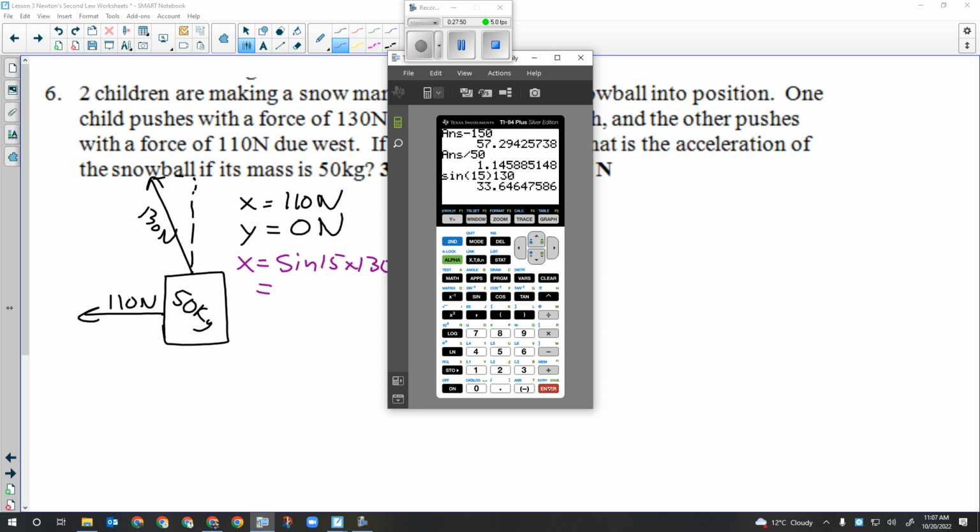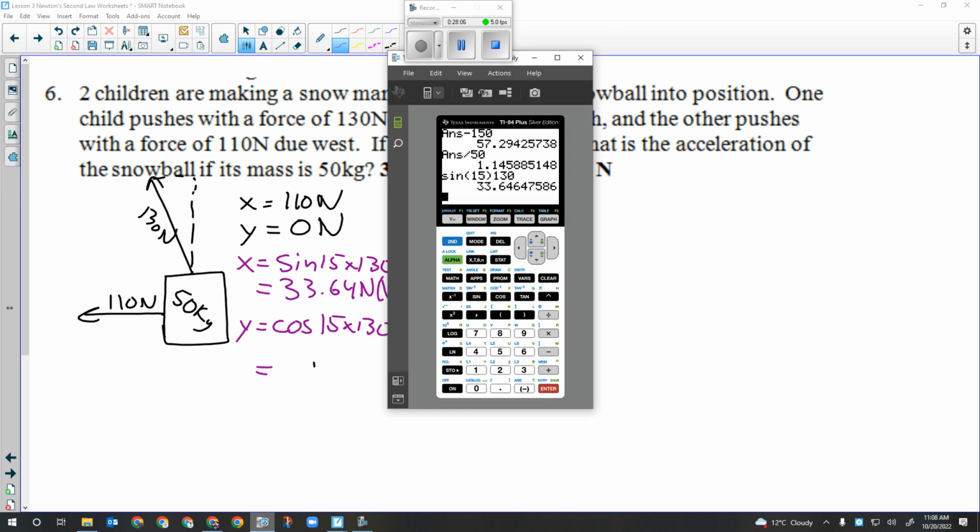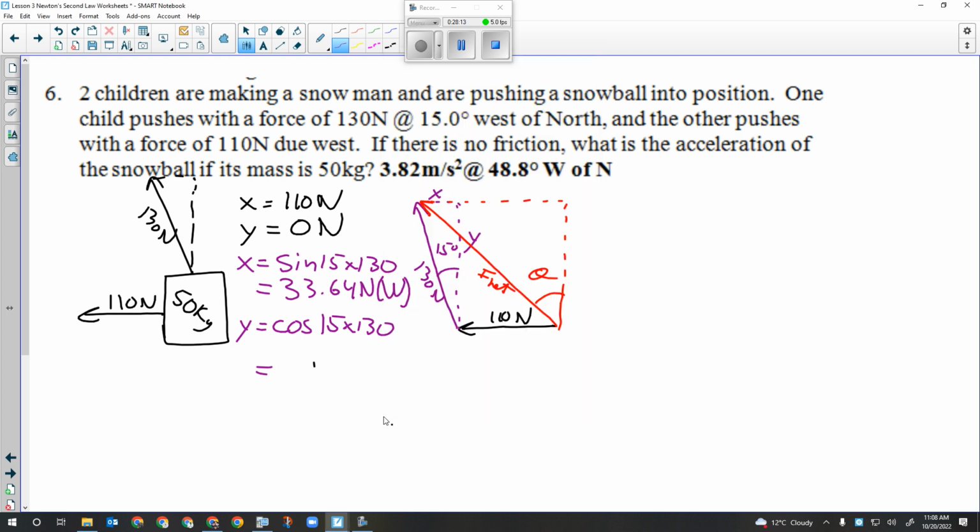That side is 33.64 newtons west. And the y component is the adjacent side, so cos of 15 times 130 is 125.57 newtons north.